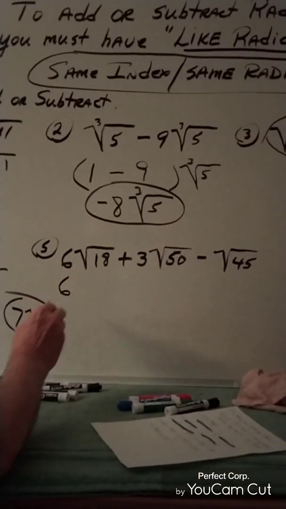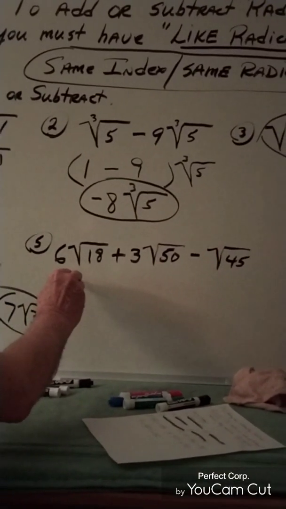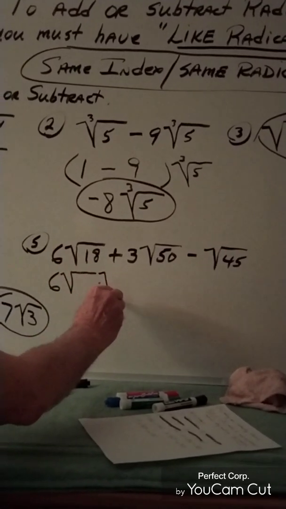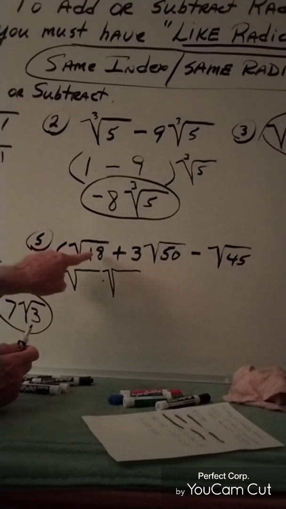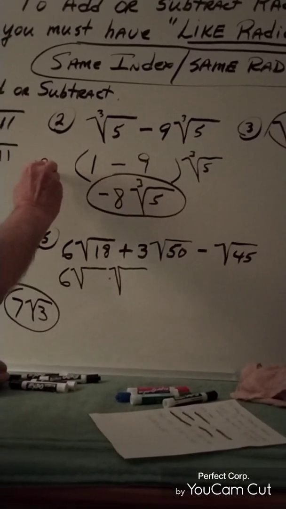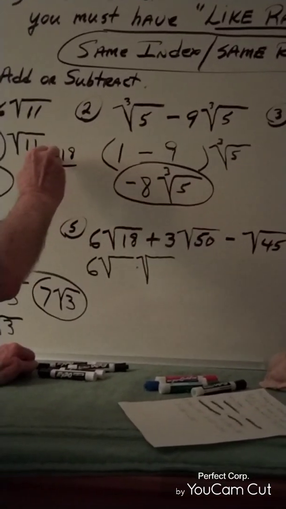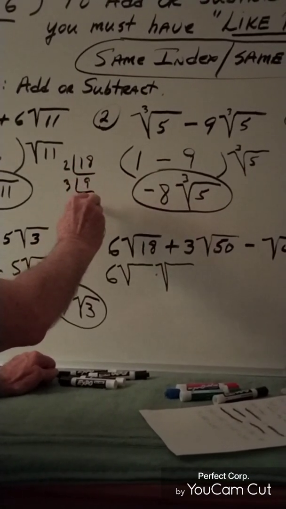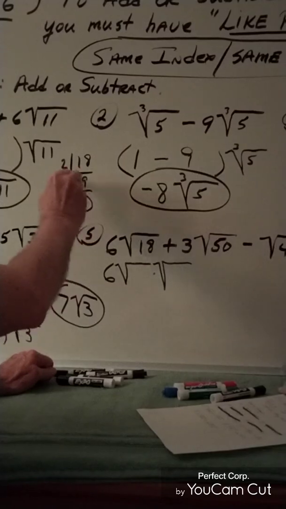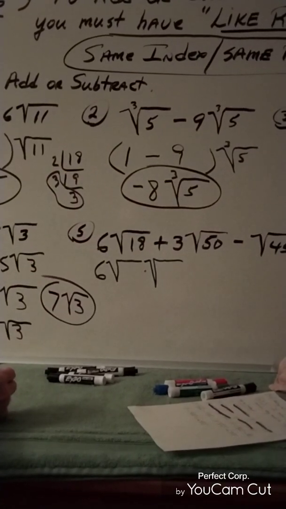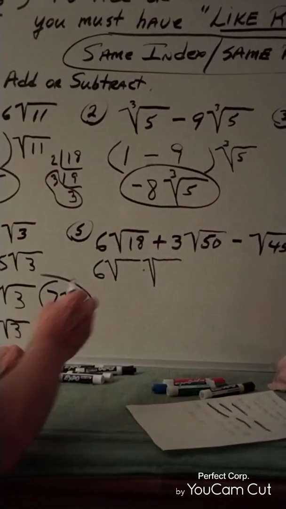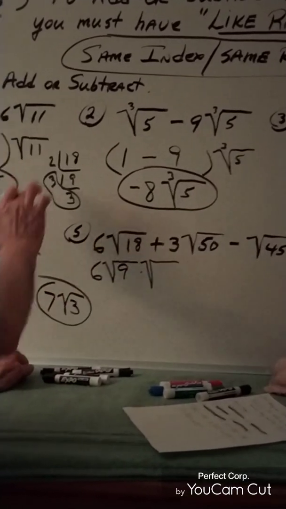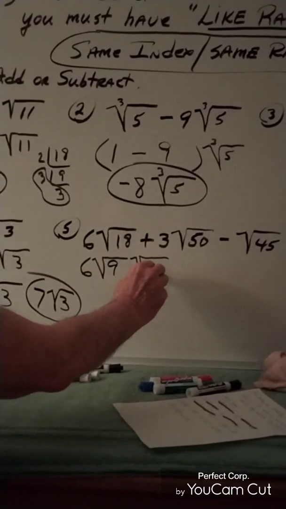Bring down the 6. 18 has something, so we're going to get the split ready. 18 should be obvious, but I'll show it. 2, 9, 3, 3. There's your 2 of a kind. 3 times 3 is 9, so in the rational house will be 9, and in the irrational will be that little loner 2.